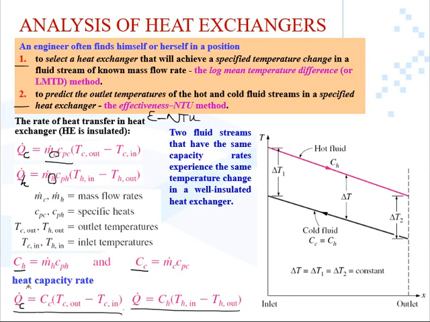So the hot fluid comes in with a temperature of hot inlet, loses some energy and goes out with a lower temperature than inlet, TH out. On the other hand, cold fluid comes in with a lower temperature, absorbs all that energy because we are neglecting the losses, and the cold water temperature increases and goes out.